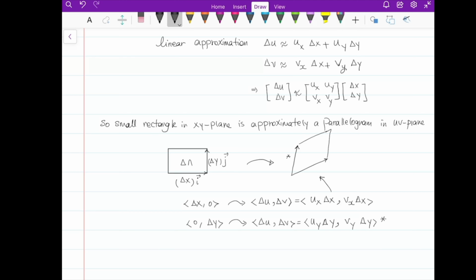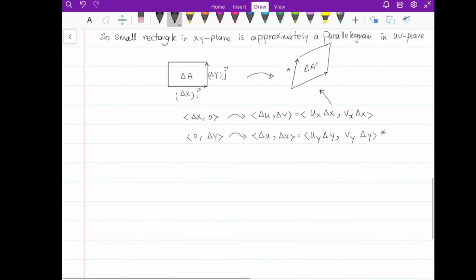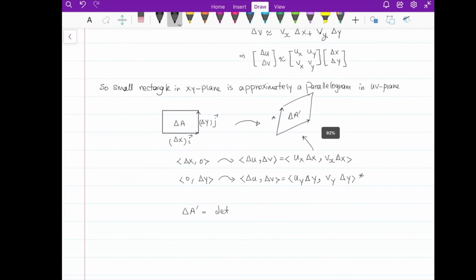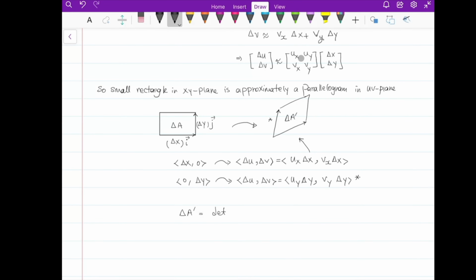So this is delta A. I'm going to call the area of this parallelogram delta A prime, and so I see that the area of the parallelogram would be the determinant of this matrix that I have in here. And the matrix is u with respect to x, u with respect to y, v with respect to x, v with respect to y.